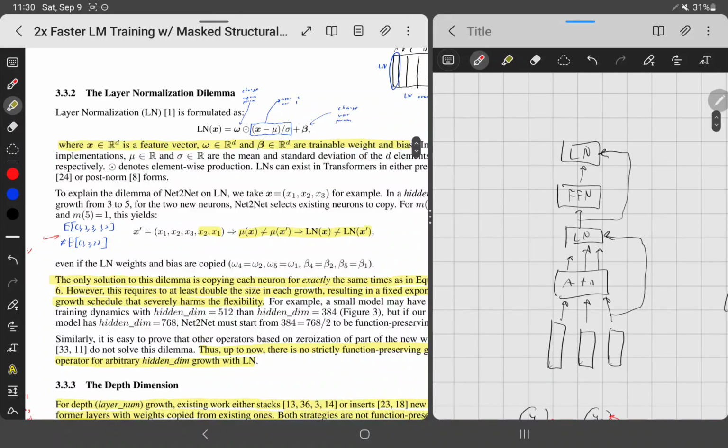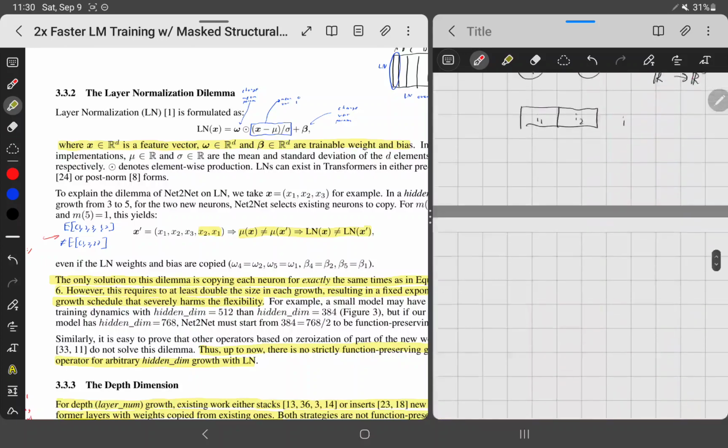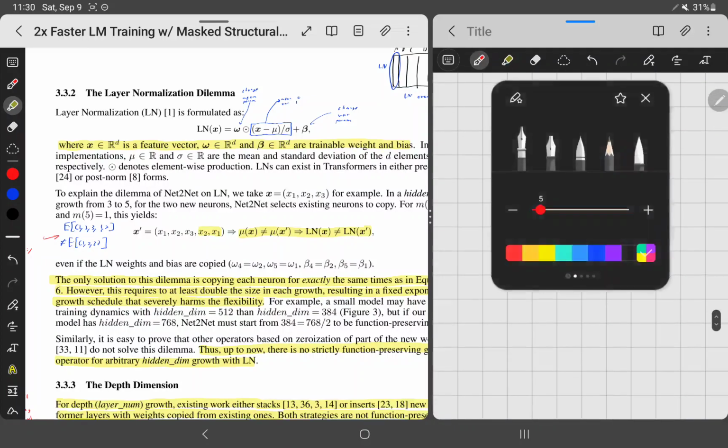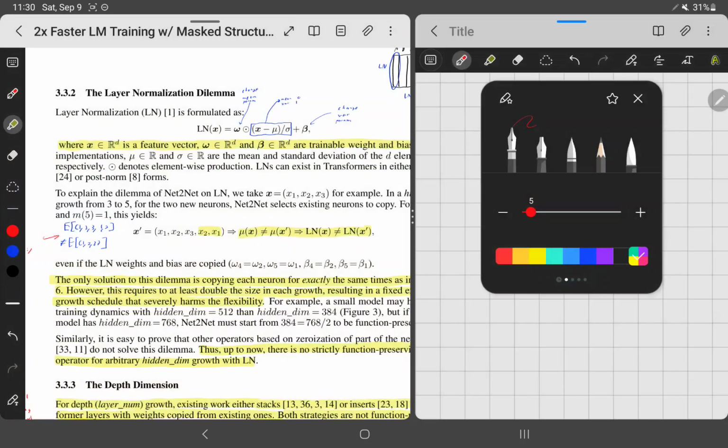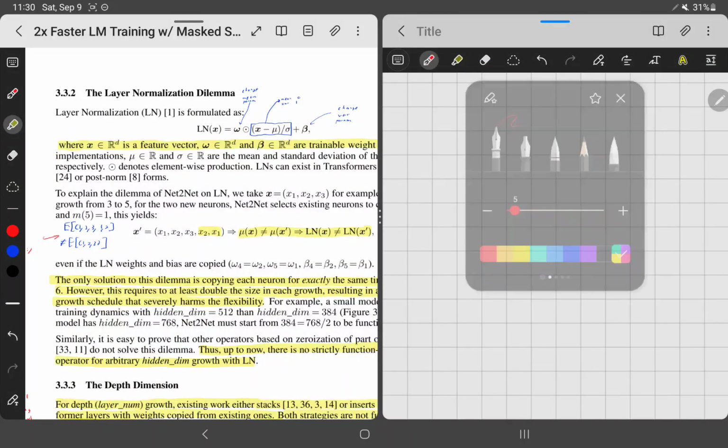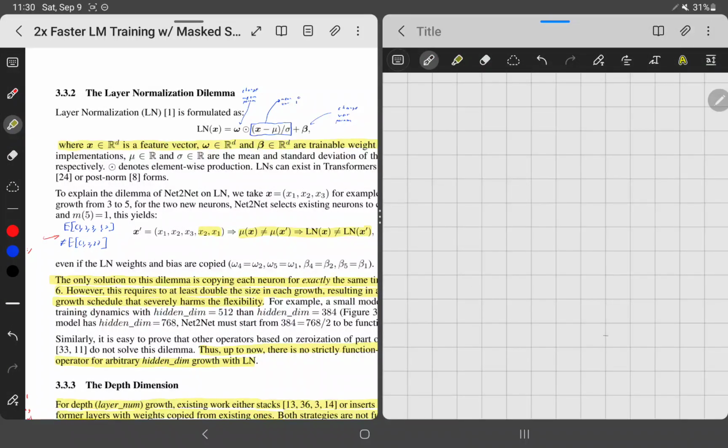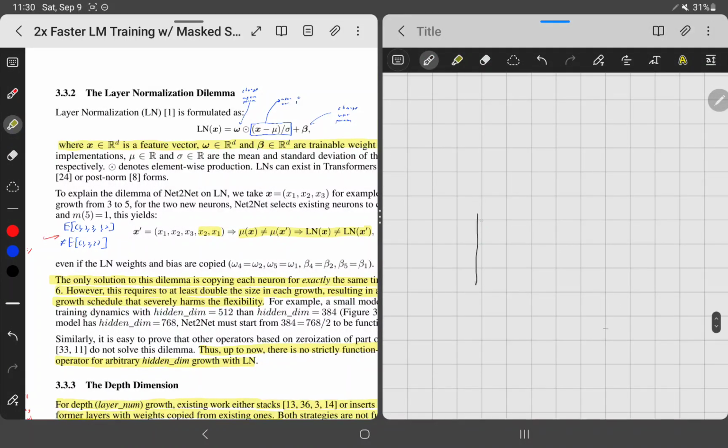So the biggest issue is layer norm. Let's say we have this sequence here, A, B, and C, and we pass this through layer norm.